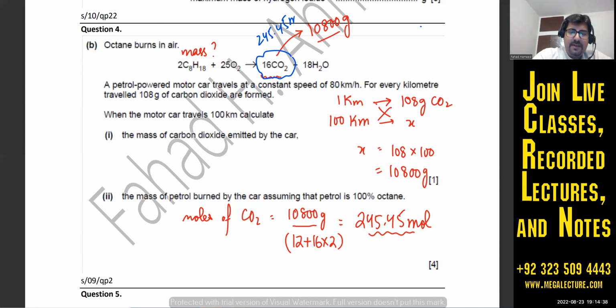That's 245.45 moles, right? So ratios लगाना है because I need to figure out the moles of octane. क्या ratio है? It's 16:2, right? So how do I figure out the moles of this thing?